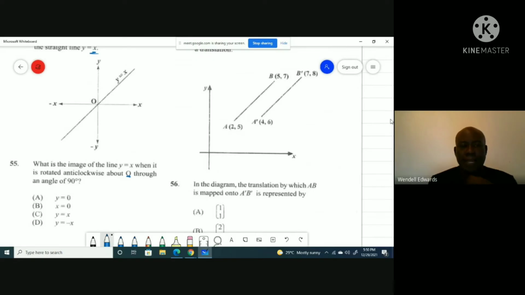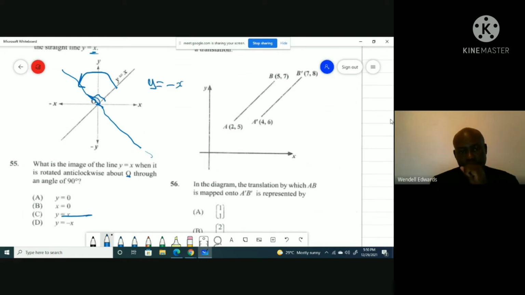So definitely we will be coming this way, going that way. Sorry for how this diagram looks, but definitely 90 degrees. So what's the question? What is the image? It's going to be y equals negative x. So if I take this line here and go 90 degrees this direction, I'm going to be getting this line here, which is just y equals negative x.